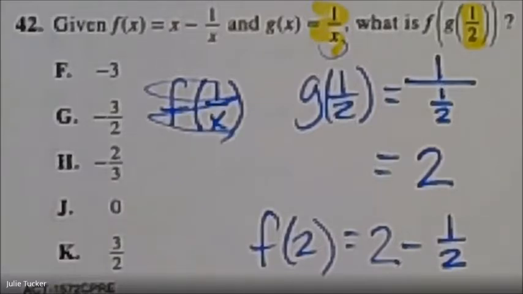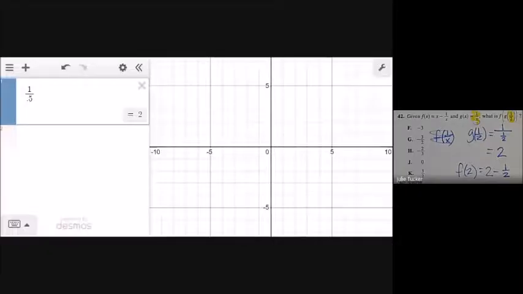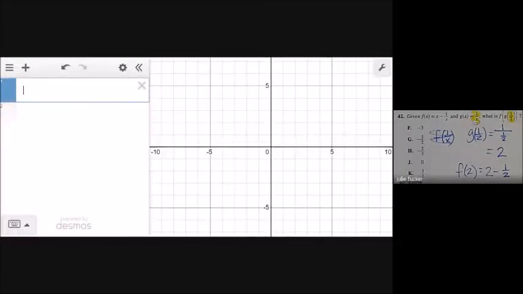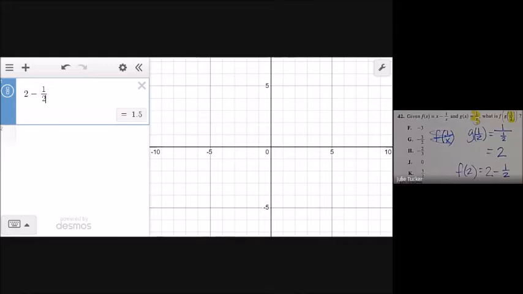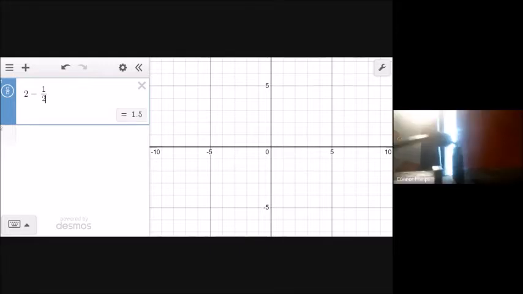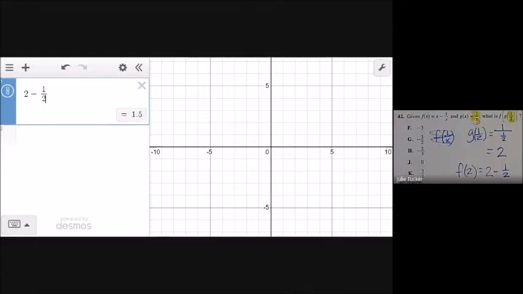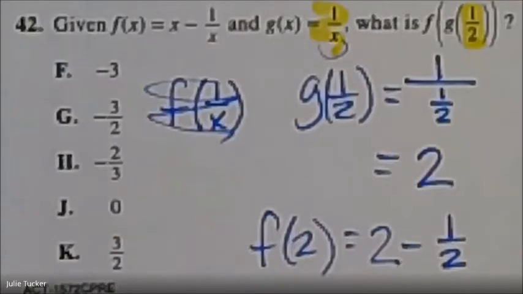Let's go back to Desmos. So we're going to go 2 minus 1/2. There you go. It says 1.5. Do you understand why that is? Because 1/2 is like 0.5.